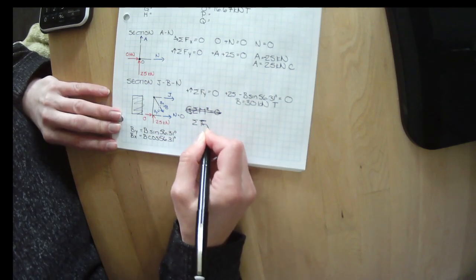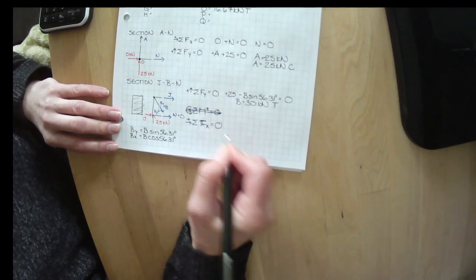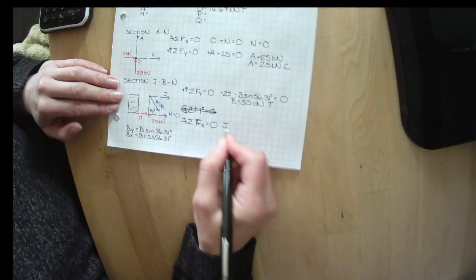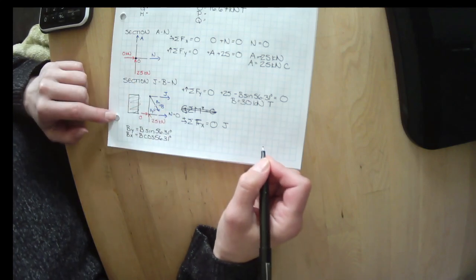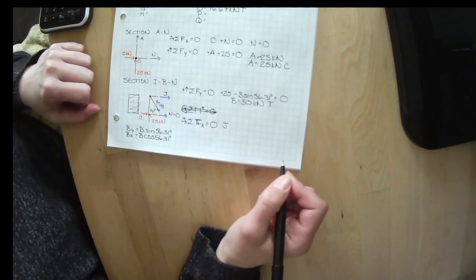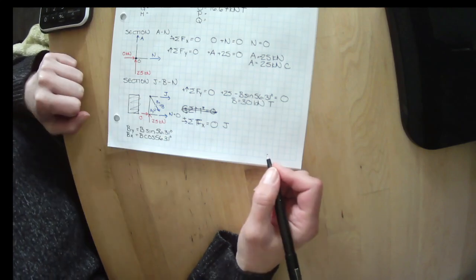I'm going to sum the forces in the x direction, everything going in that direction being positive. We've got J going in the positive direction. We've got N going in the positive direction, but it's 0. We've got 0 going in the positive direction, but it's 0.